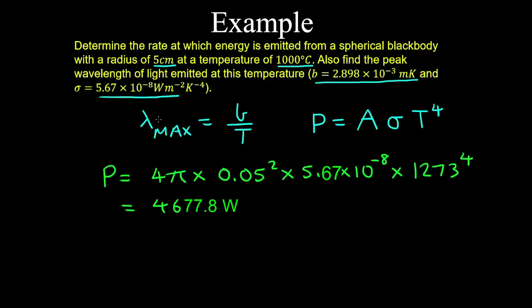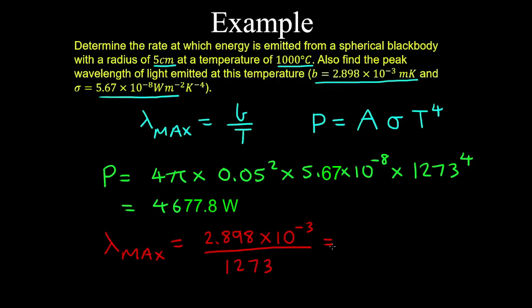And the maximum wavelength of light that's emitted is equal to 2.898 by 10 to the minus 3 meter Kelvin divided by the temperature in Kelvin, which is 1273.